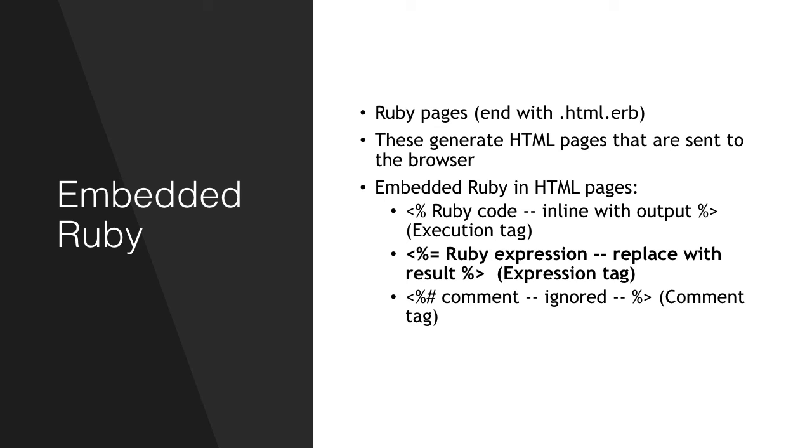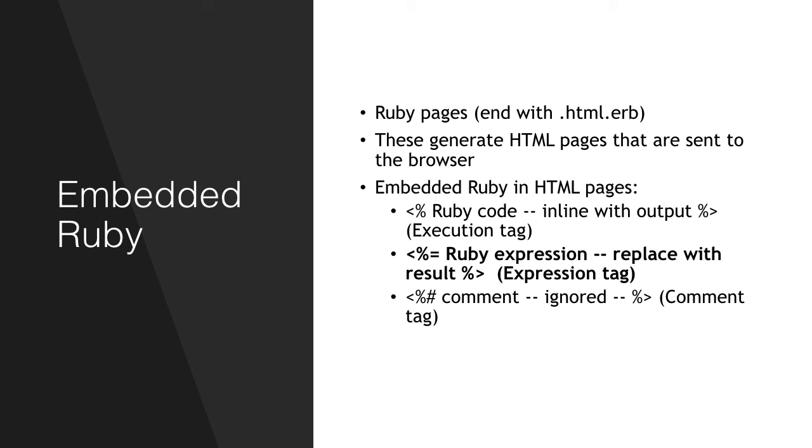And so at the end of its processing, the .erb is taken away, and all that remains is the .html when it sends it to the browser for display. So these embedded Ruby pages generate the HTML that is actually finally sent to the browser based on the Ruby code that's in it.